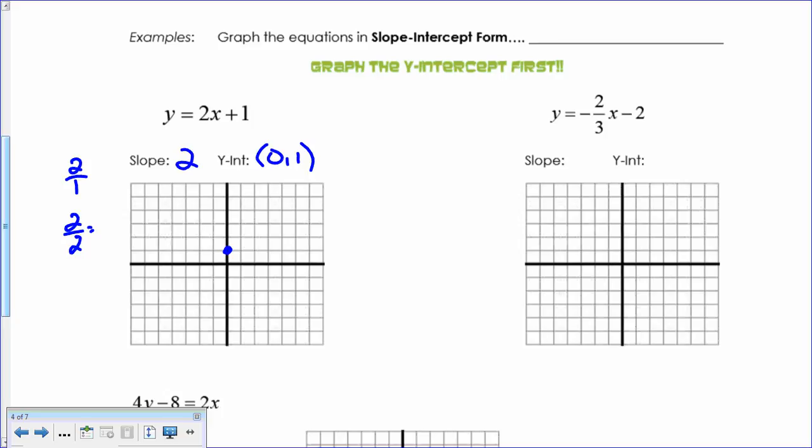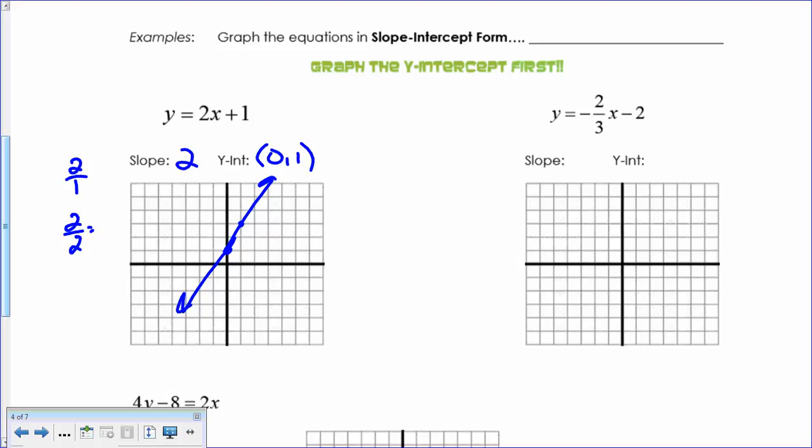So we're going up 2 and 1 to the right. So there's my second point. Well, guess what? I can make my line. Not a very straight line, but my line nonetheless. That's how easy it is to graph a line in slope-intercept form.